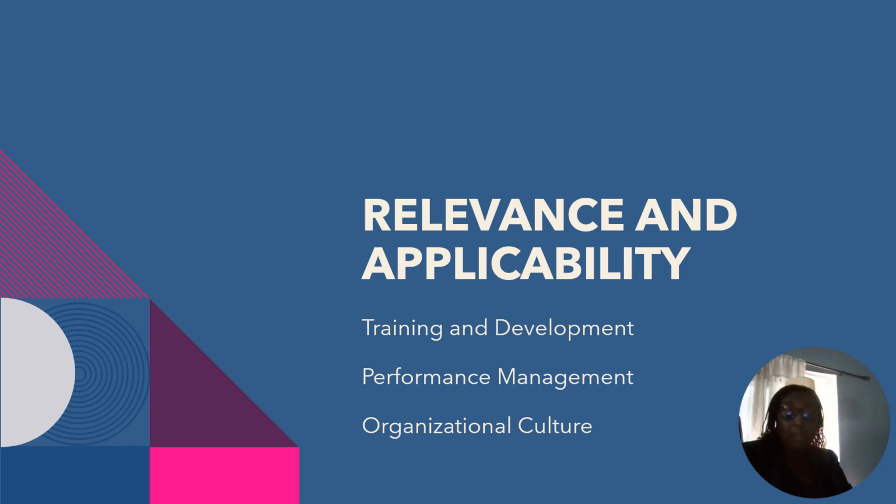For performance management, giving feedback and reinforcements, and role modeling by the leaders demonstrate what the organization requires, what their values and expectations are. And for organizational culture, we can socialize new employees to learn what the organizational norms and values are through observation and interaction, which facilitates the whole process of integrating and adapting to new environments.